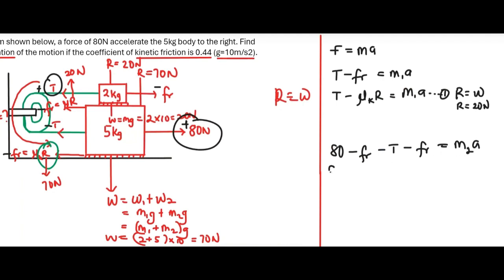So I have minus mu K R minus T minus Fr. My Fr here is still mu K R equals M2 A. For this R, which is the first R, it is equal to 20 newtons. For the second, it's equal to 70 newtons. Right. So this is my equation 2. So I can solve both equations simultaneously.